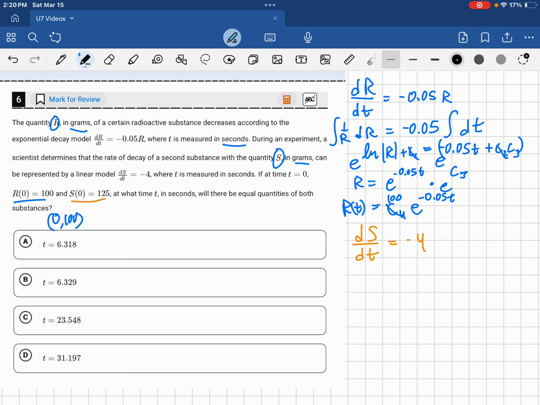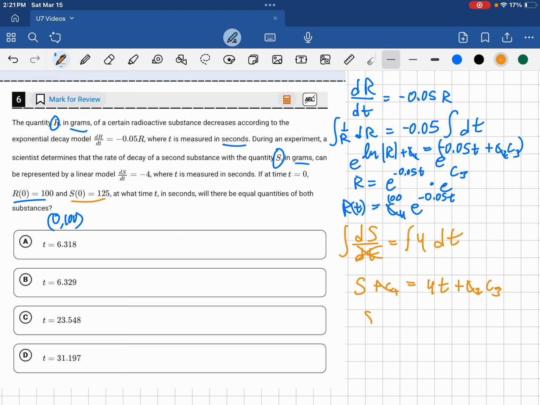For the other one, we're going to move this dt over here. Then we're going to integrate both sides. Bam, bam. On the left side, we get just S plus a constant. On the right side, we get negative 4t plus a constant. I'm going to combine these constants to get C sub 3.